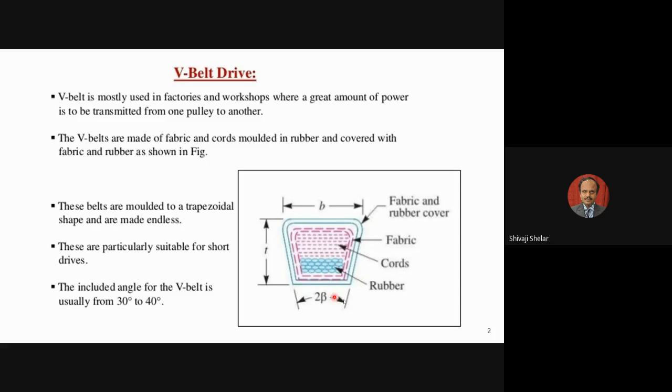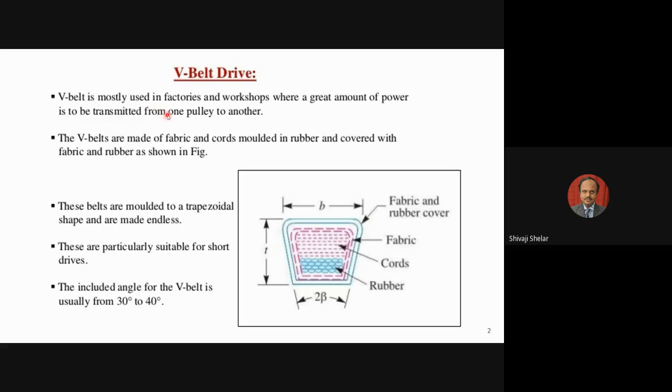They make an included angle of 2 beta, where beta is the V angle or V pulley angle. So 2 beta is the included angle for the belt. This angle varies from 30 to 40 degrees, sometimes taken around 29 degrees.